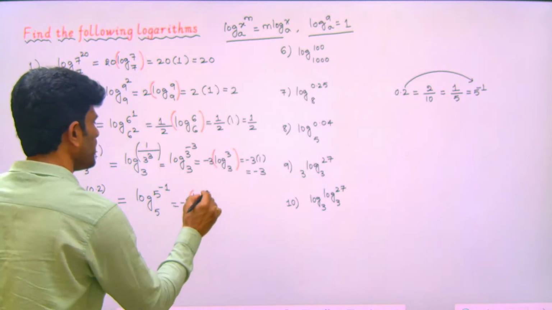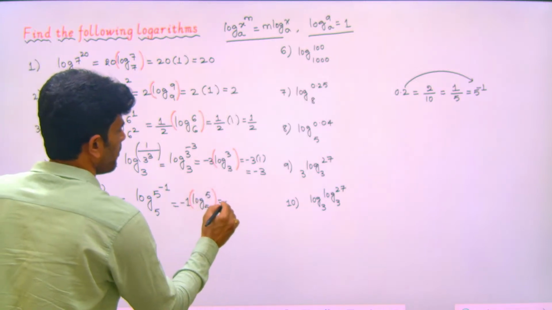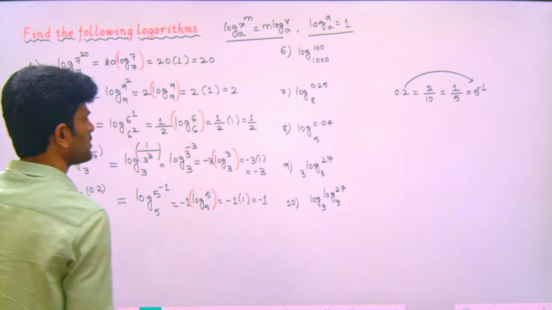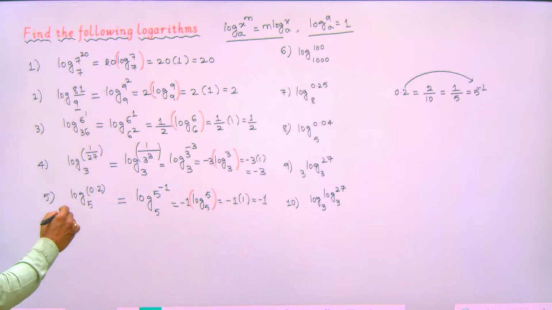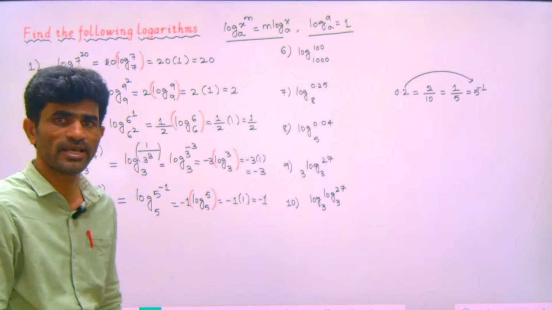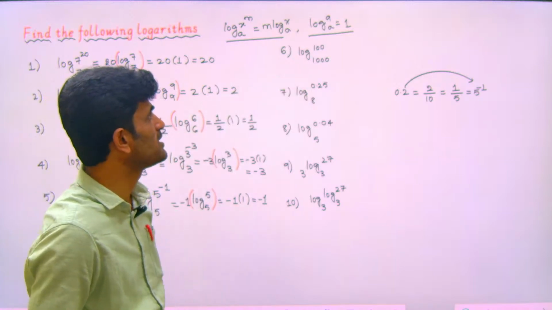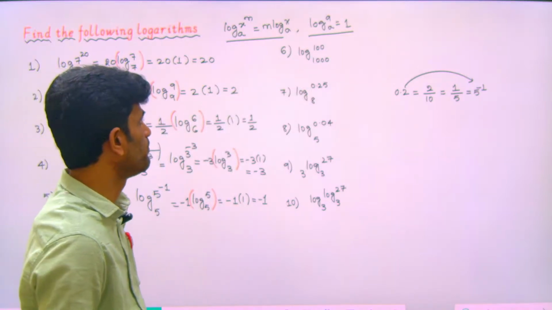What is log 5 to the base 5? Minus 1 into 1, which is minus 1. Hope you understood this one also. So first you should express 0.2 in terms of 5. Both the upper number and the lower number should be expressed in terms of the same number.